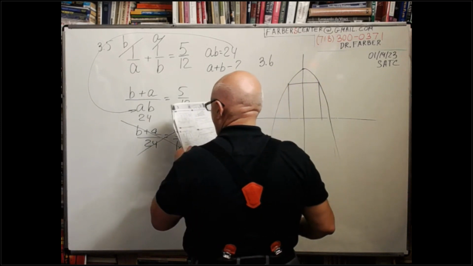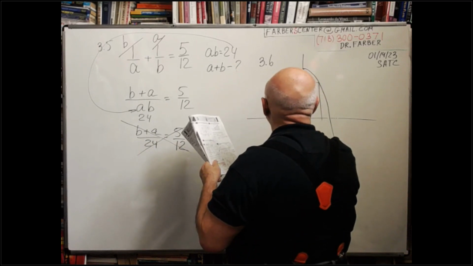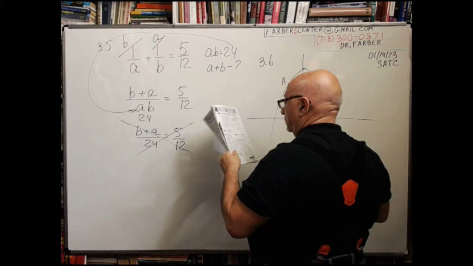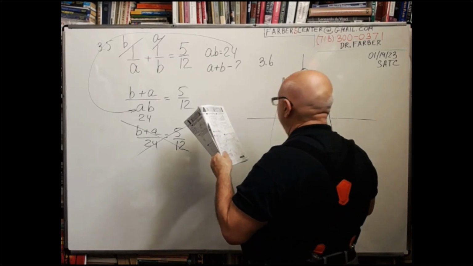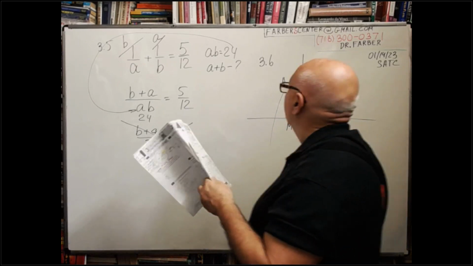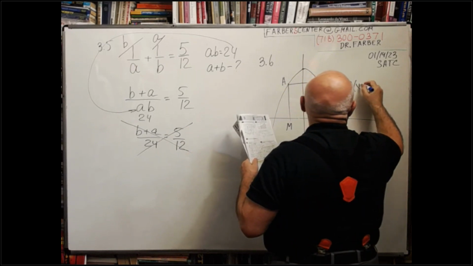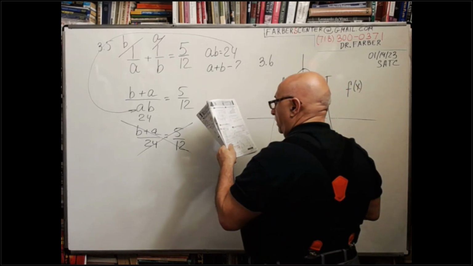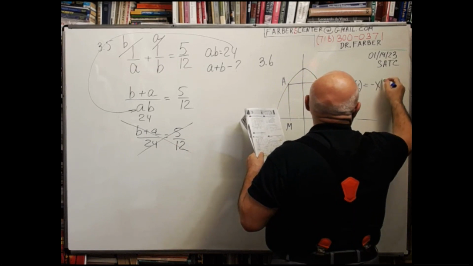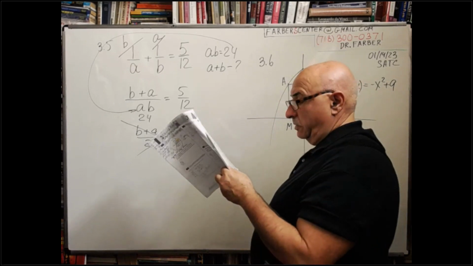And this A, M, H, and what is it, T. And we have f of x equals negative x squared plus 9. Equation of this graph.